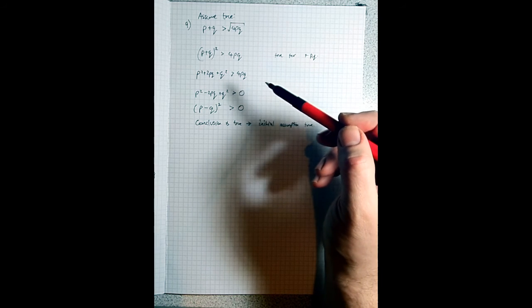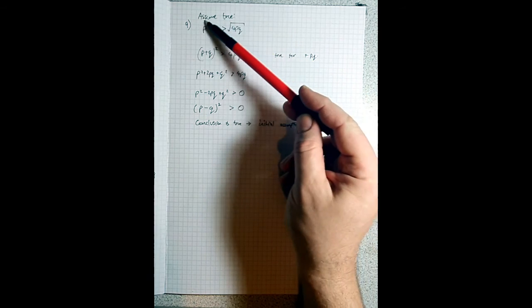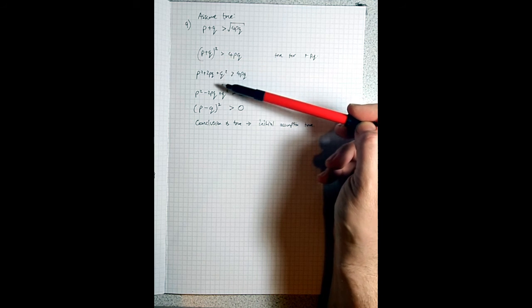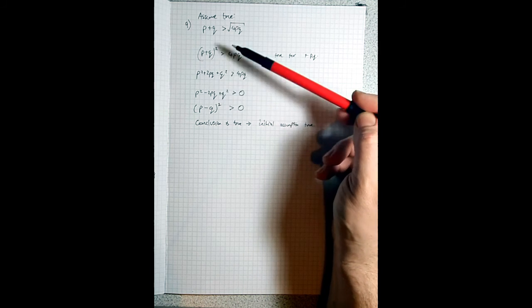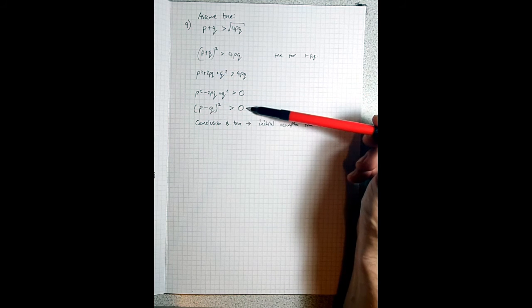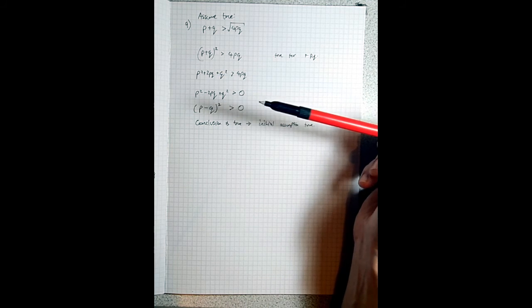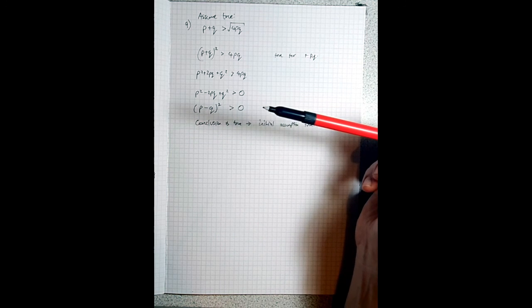So that's an interesting one, slightly different to how the book does it. What I've done is I've assumed that this is true, and I've made a series of logical, indisputable steps. You can't argue with the maths of any of this, and since this final line must be true, anything squared is greater than 0, then my initial assumption must be true.